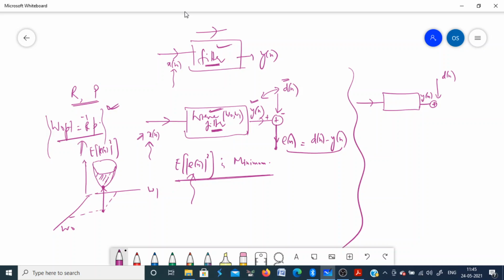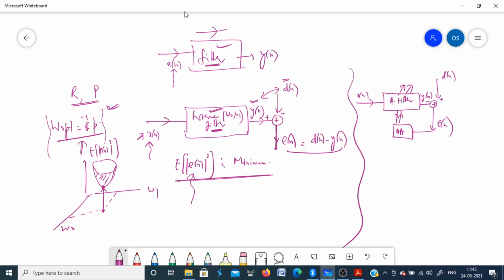In case of an adaptive filter, the filter coefficients are not fixed, they are variable. You have a desired response and the output, they are subtracted to compute the error signal, and this error signal is fed back to an adaptive algorithm, which is used to update these filter weights constantly.